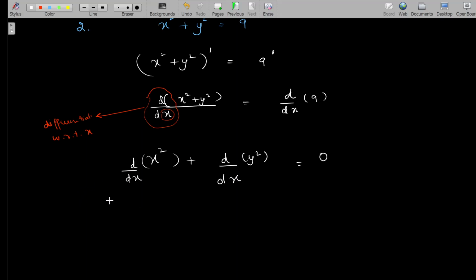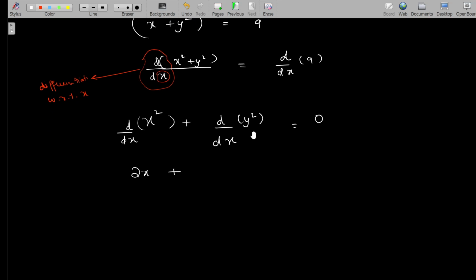Now again there will be a new thing that I will introduce you to. So Anika, first, what is the derivative of x square with respect to x? X squared is 2x. Now here we have to differentiate y square with respect to x.